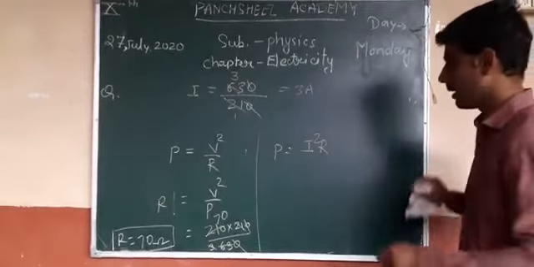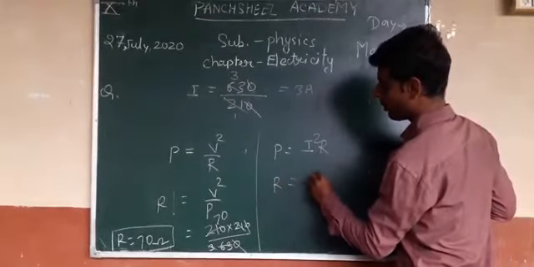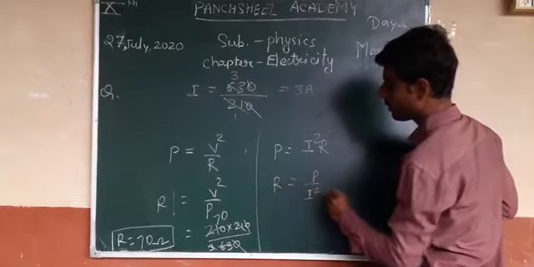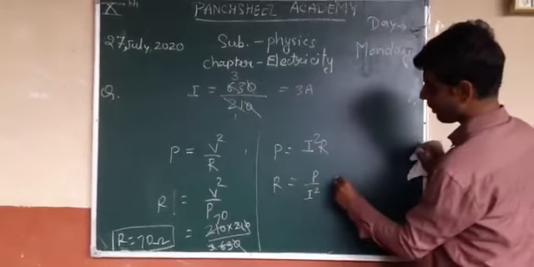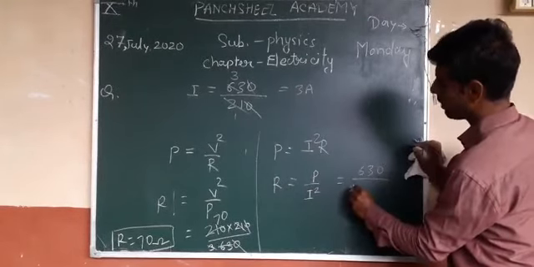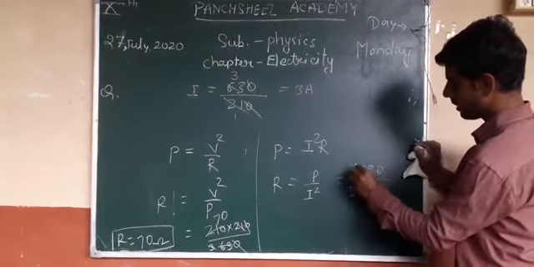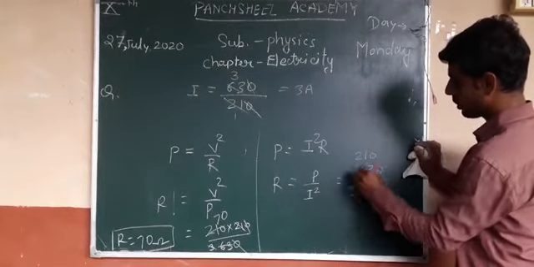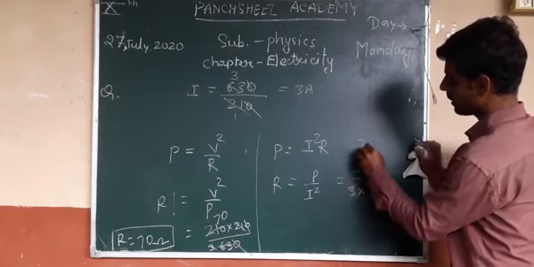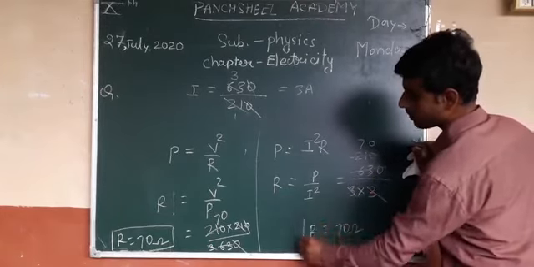And there is another formula: R equals P upon I square. So P is 630 upon 3 into 3. So we get R equals 70 ohm.